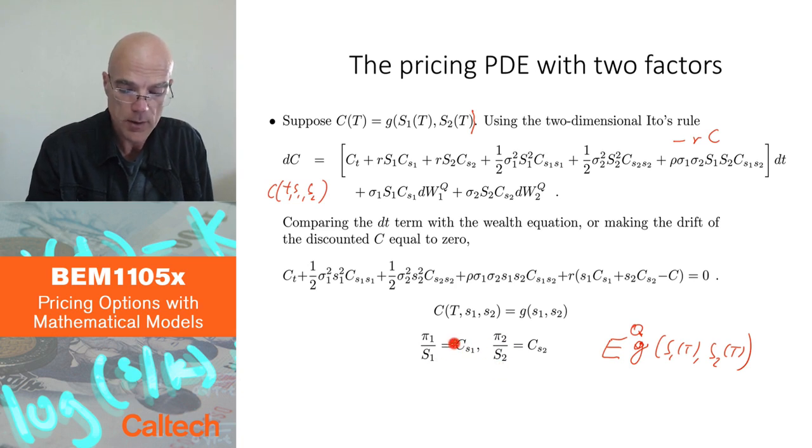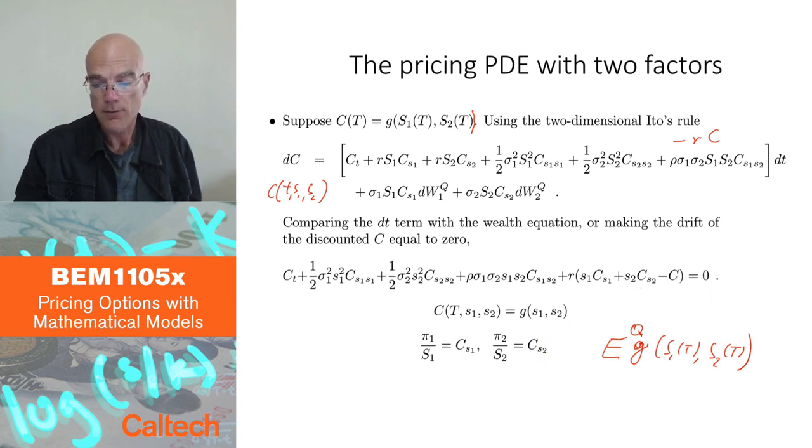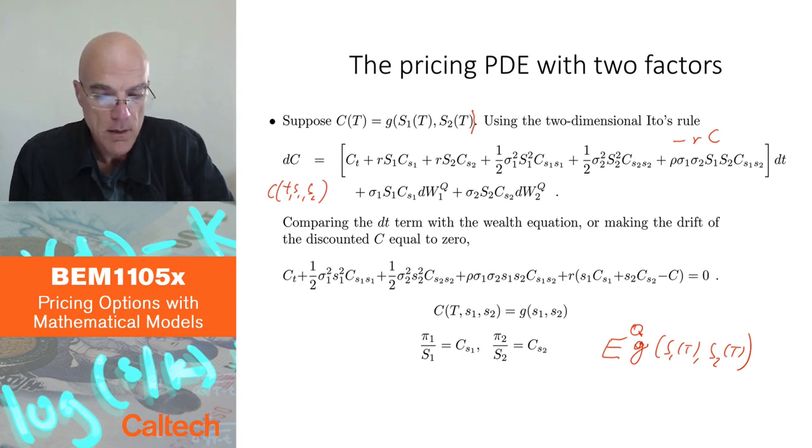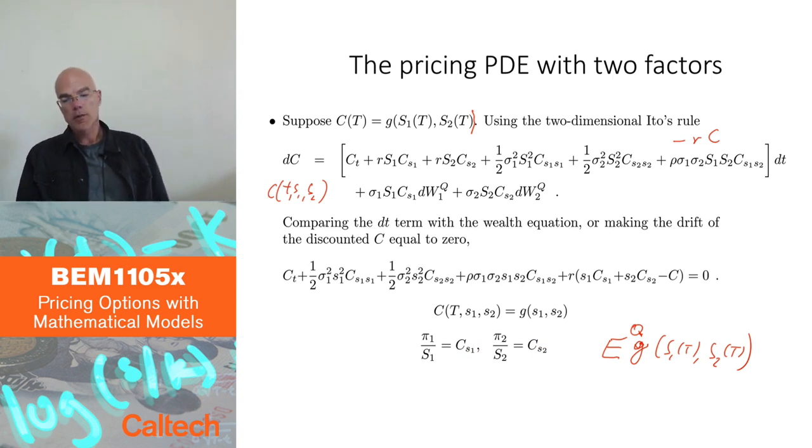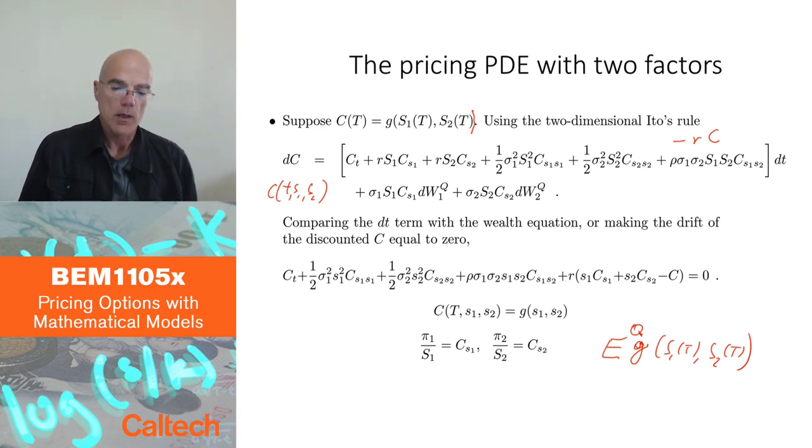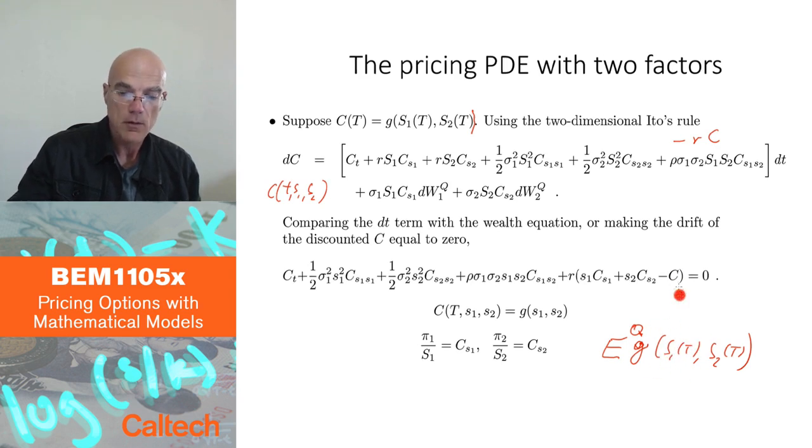So the number of shares in each stock are the deltas of the option with respect to those stocks: first derivative with respect to S1, first derivative with respect to S2. The usual delta formula. Okay, so in principle, we now know how to approach this problem. We have the partial differential equation. Either we try to compute this type of expectation using probabilistic methods, or by solving the partial differential equation.